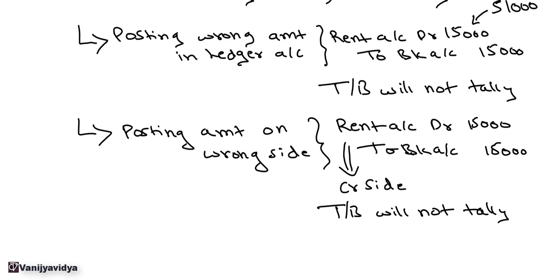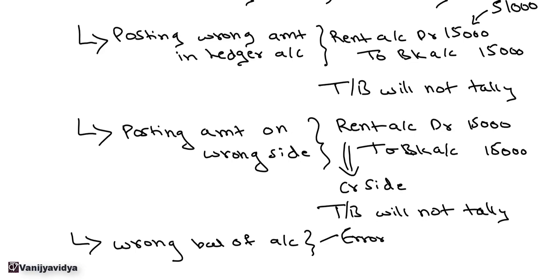Then next one. Wrong balance of account. That is, wrong balance is the balance which is carried forward or brought forward. So in this case, there might be two types of errors. One is while calculating balance, there might be error.